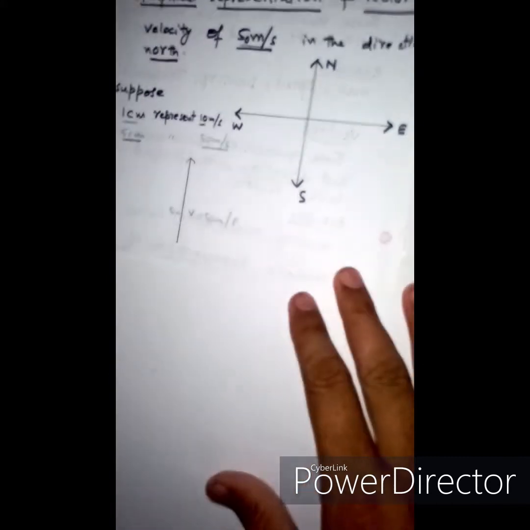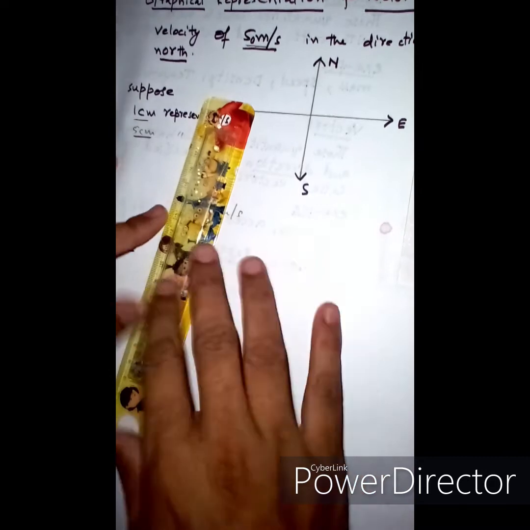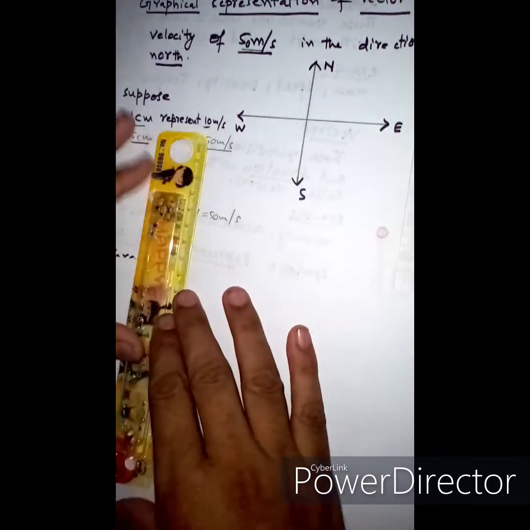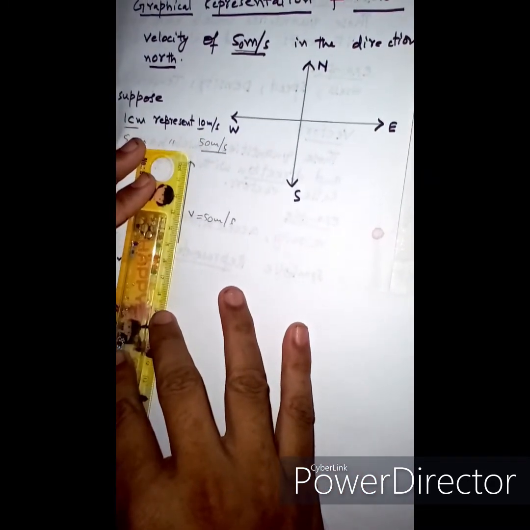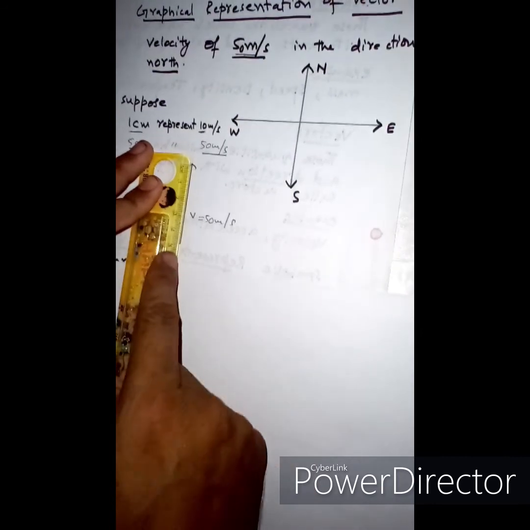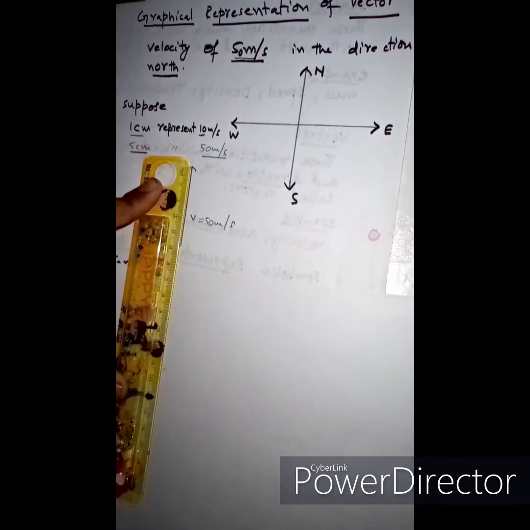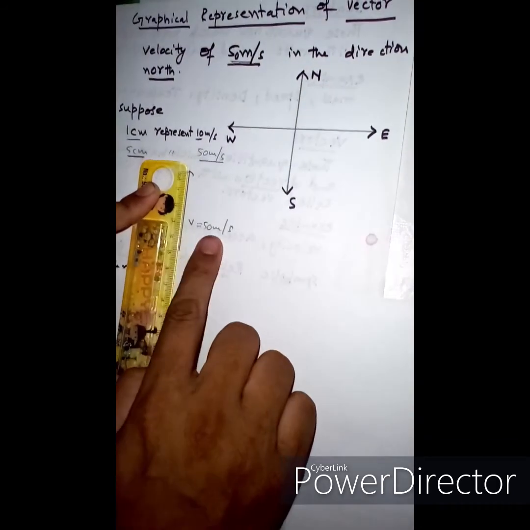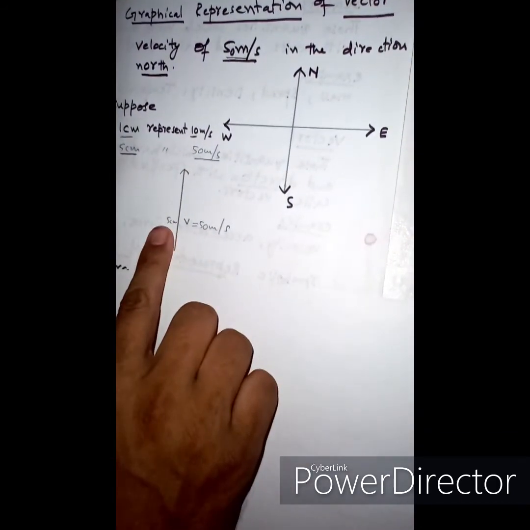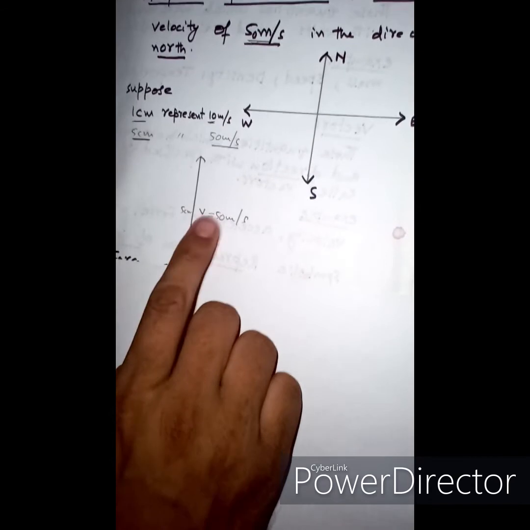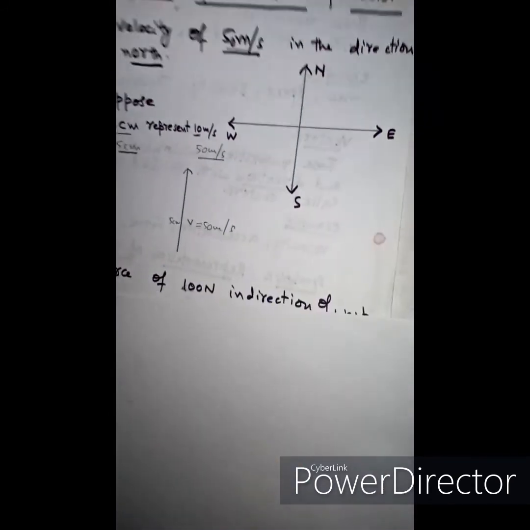Likewise, you can use the scale right here and draw a 5 centimeter line accurately in the direction of north. This 5 centimeter line represents 50 meter per second. So we have represented a vector graphically. We call it the graphical representation of a vector.